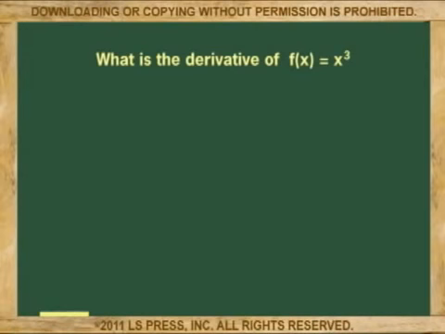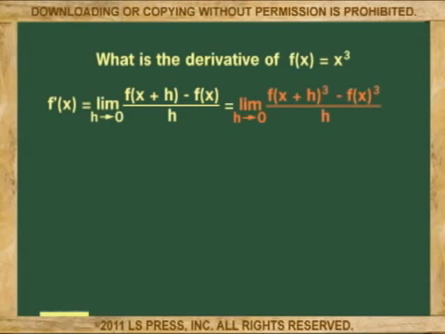Okay, now let's try this example. What is the derivative of the function x cubed? Using this newfound equation gives us the limit as h approaches 0. We place the function into the equation like this: x plus h cubed minus x cubed over h.